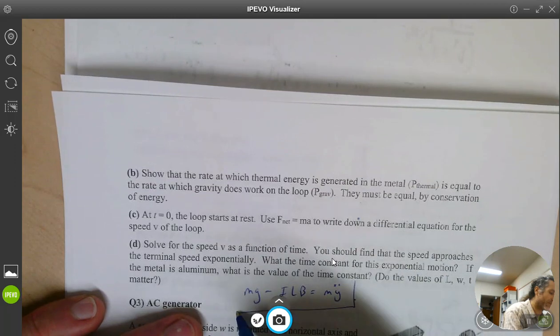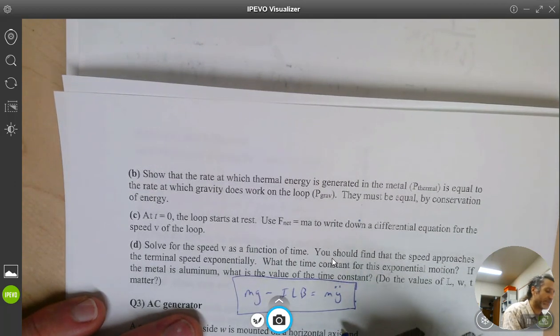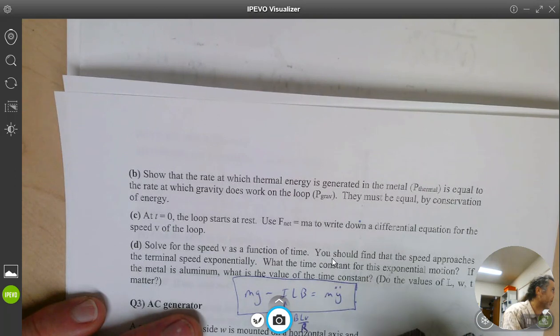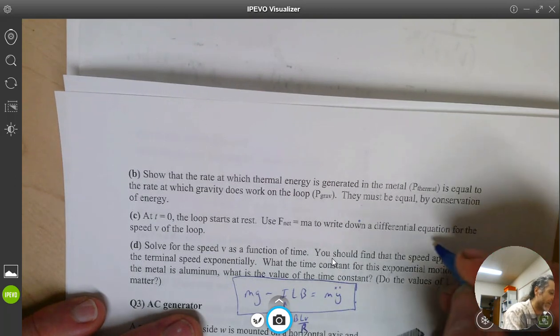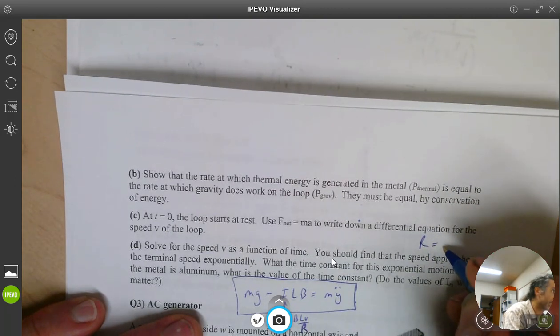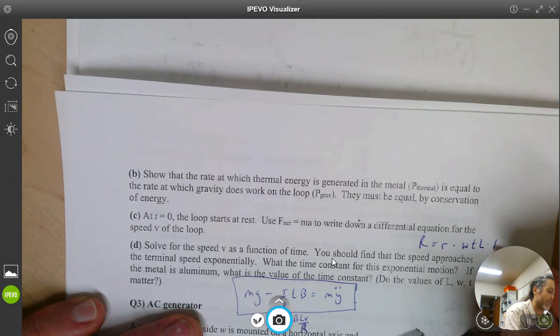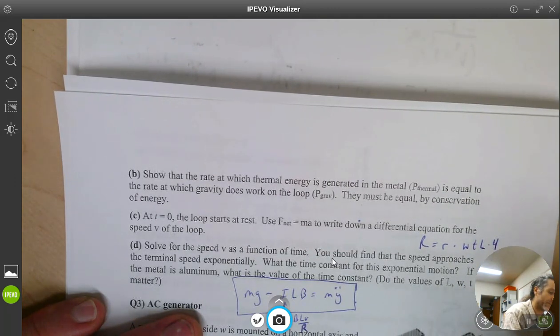This is before we get to the terminal velocity. And of course, for this I here, we'll use BLV divided by R, right? And R is related to the resistivity. If you work that out, it's the resistivity times the length over the cross-sectional area, but then there are 4 of these bars here.